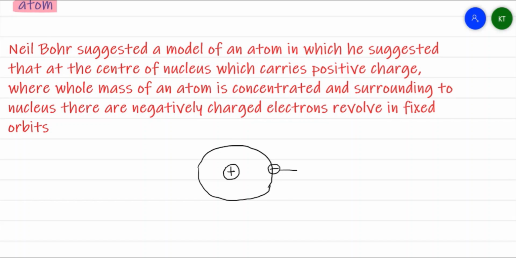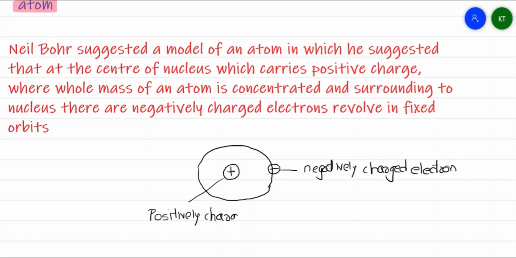So you have a negatively charged electron and this is the positively charged nucleus. He stated that in a certain fixed orbit, the electron which is revolving will not radiate energy.